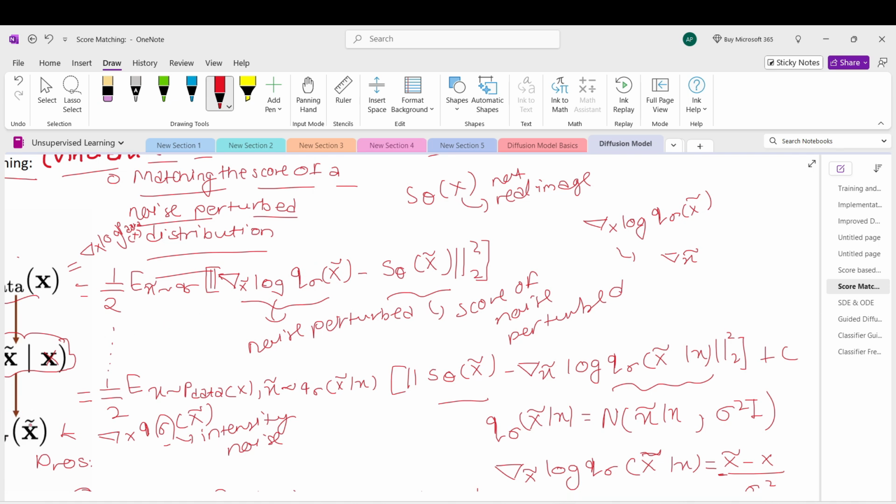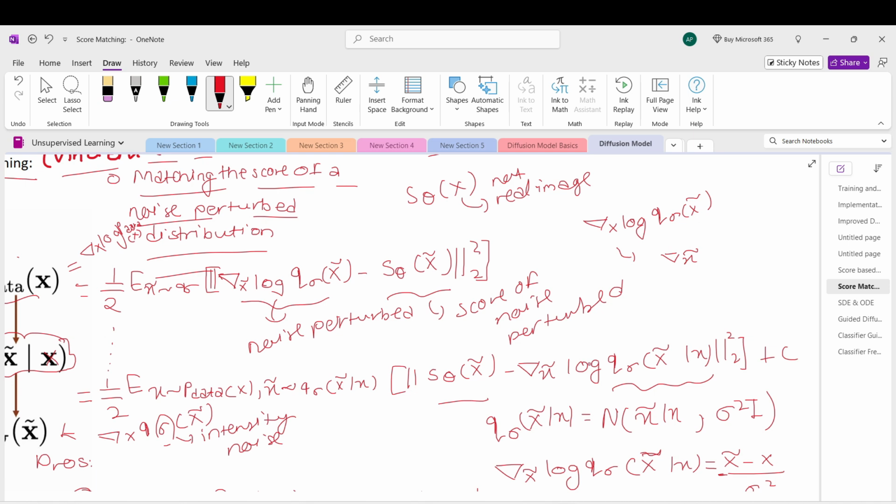So we get rid of this noise-perturbed distribution, which is even hard to approximate right now. We are just left with this Gaussian kernel, and we are no longer with q_sigma of x tilde.